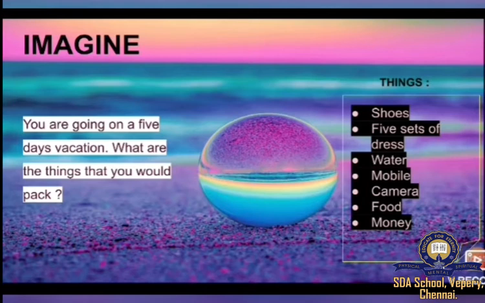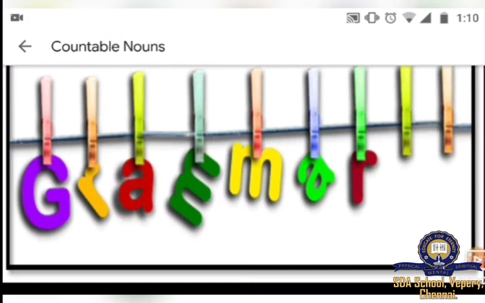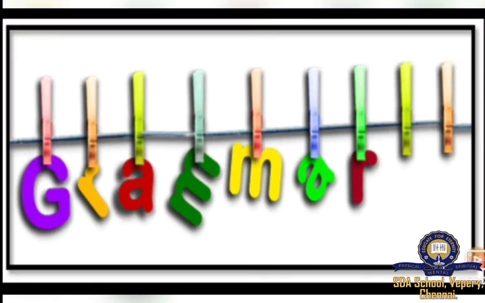So the list contains two kinds of noun. One is countable and another is uncountable. You might be wondering what is a countable and an uncountable noun. So today, as a start, we are going to see what are countable nouns.